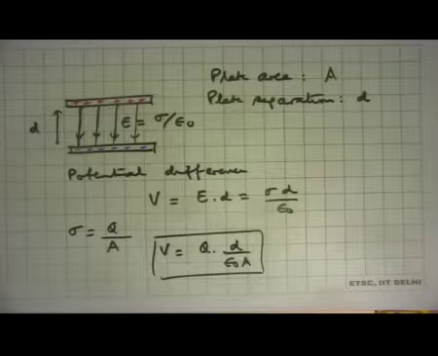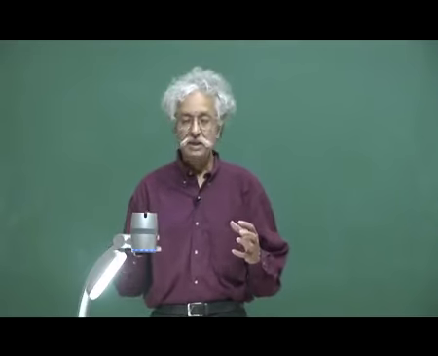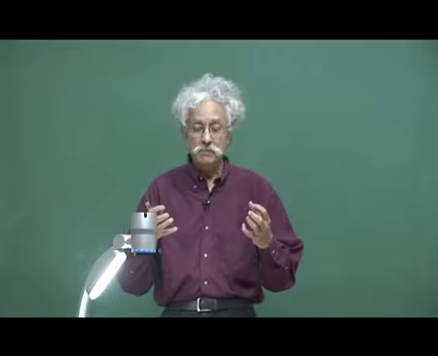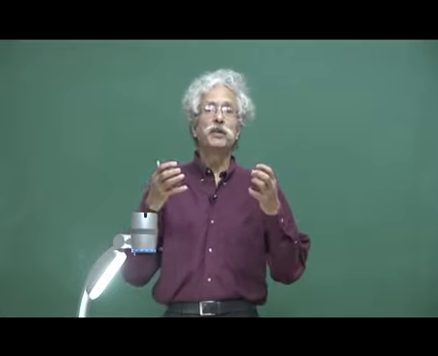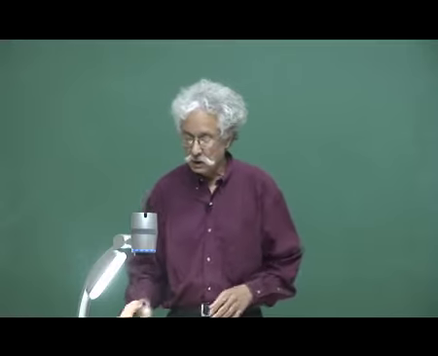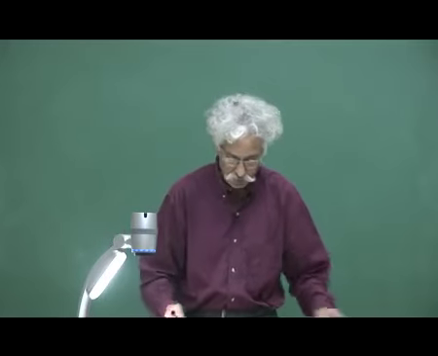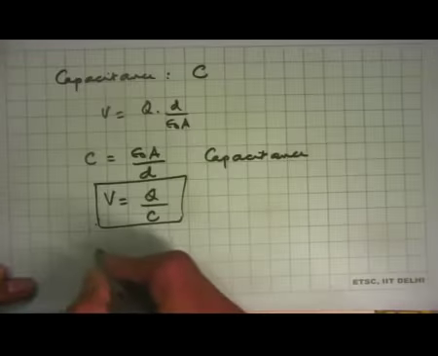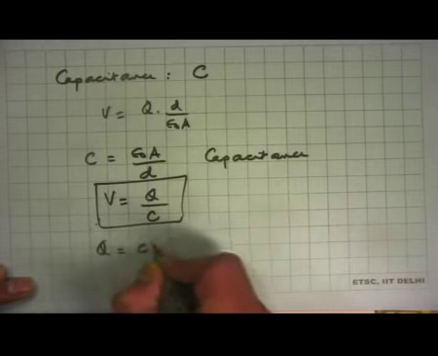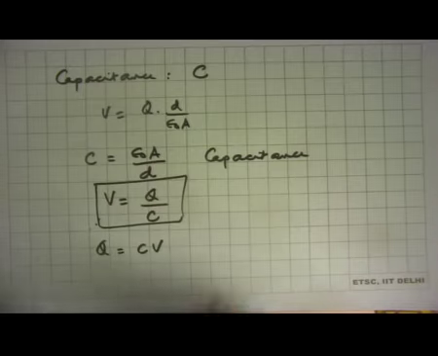That means, if you have two arbitrarily shaped conductors carrying a charge plus q and minus q, they will develop a potential difference V, and the potential difference V between these two conductors will be proportional to the charge carried by the conductors, and that proportionality constant is actually the capacitance of the conductor. So, we have V is equal to Q by C, or Q is equal to C times V, and this capacitance is a quantity which is a geometrical quantity.